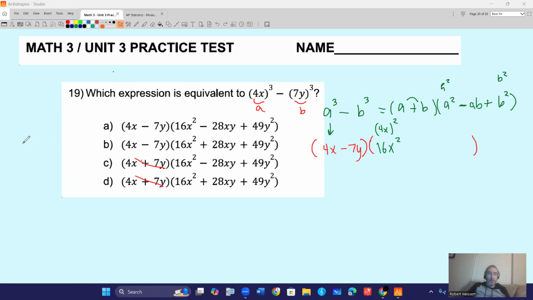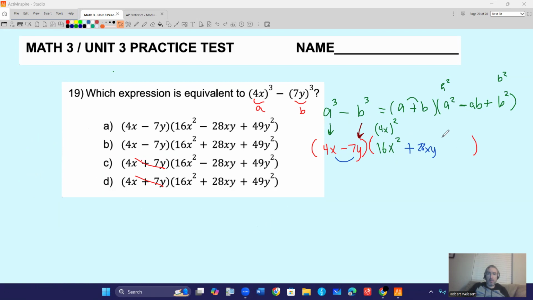The next step is to switch the sign in here. So if that's a minus, this is going to be a plus, and then we're going to multiply these together. So 4 times 7 is 28, and you just throw the variables afterward. And finally, we want to take our last term and square that as well. So this is b.